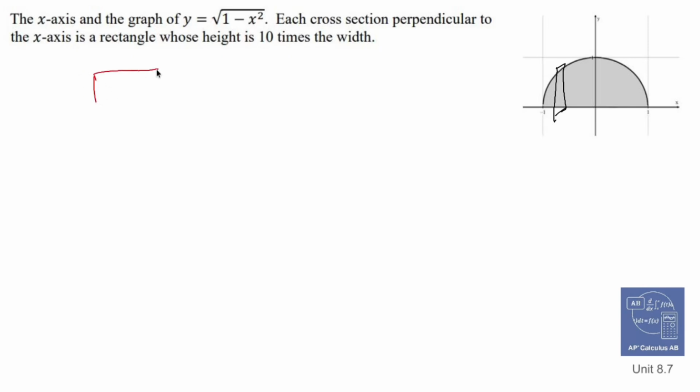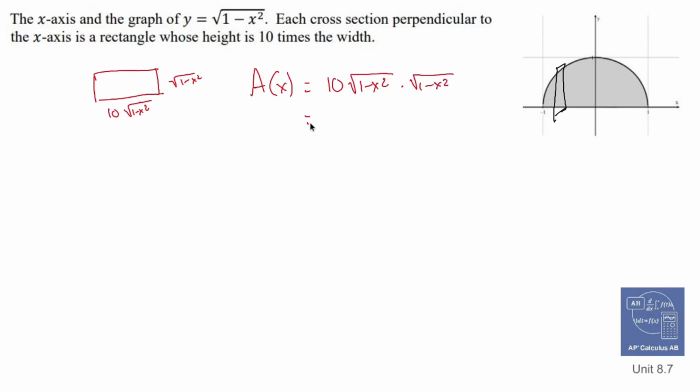So you have a rectangle, the width is going to be the square root of 1 minus x squared. The height of it is going to be 10 times that, 1 minus x squared, times 10. Now, in order to find an area, you multiply the length and the width. So the area formula is going to be 10 times the square root of 1 minus x squared times the square root of 1 minus x squared.